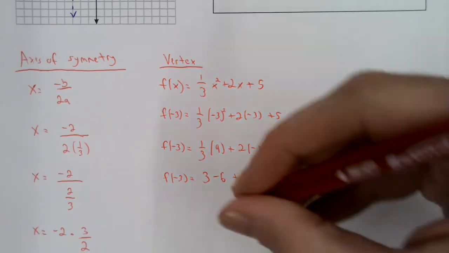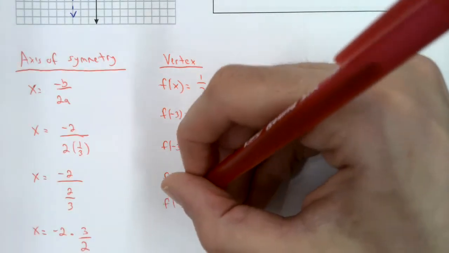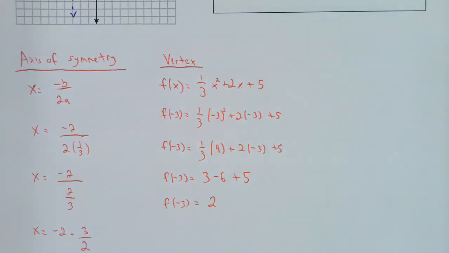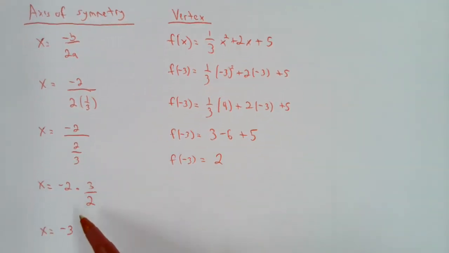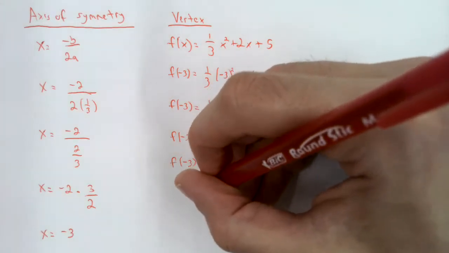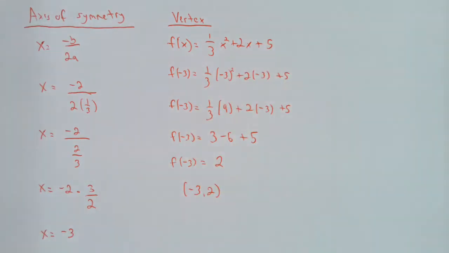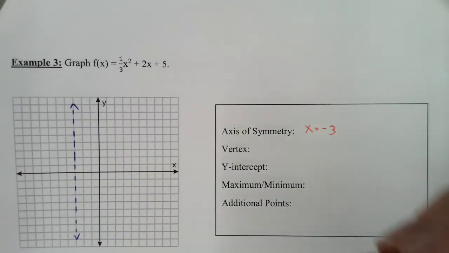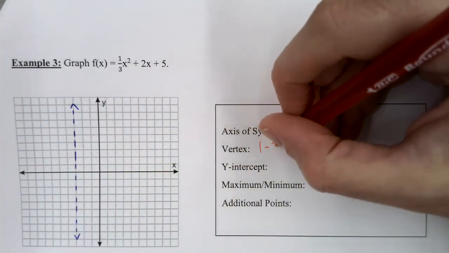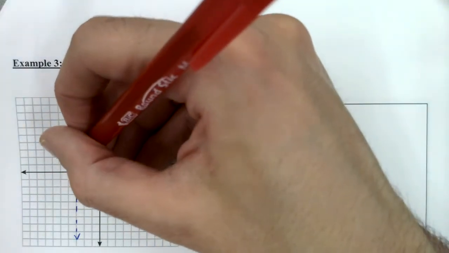So that gives me 2. So again, the vertex will therefore be negative 3, comma 2. Let's fill in this table. Negative 3, 2. Let's graph that.